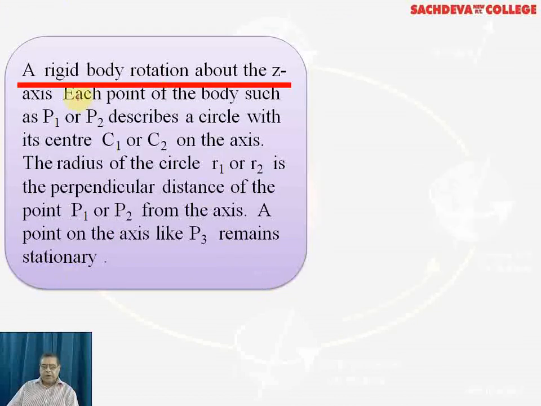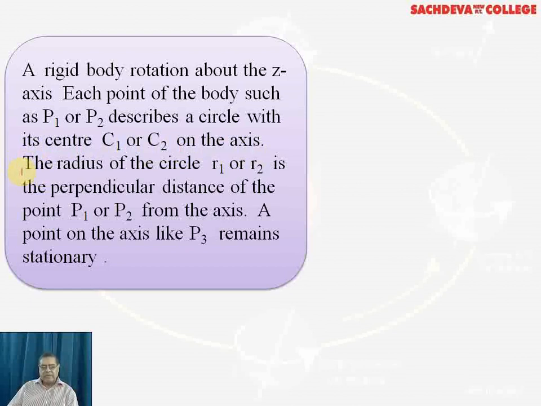In a rigid body rotation about the z-axis, each point of the body, such as P1 or P2, describes a circle with its center C1 or C2 on the axis. This I have just now discussed, that whatsoever is the speed of rotation of the whole body, same will be the speed of rotation of P1 and P2.